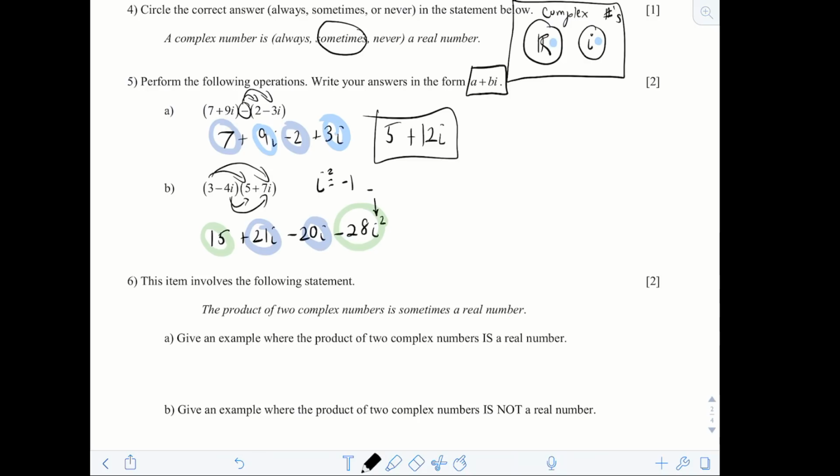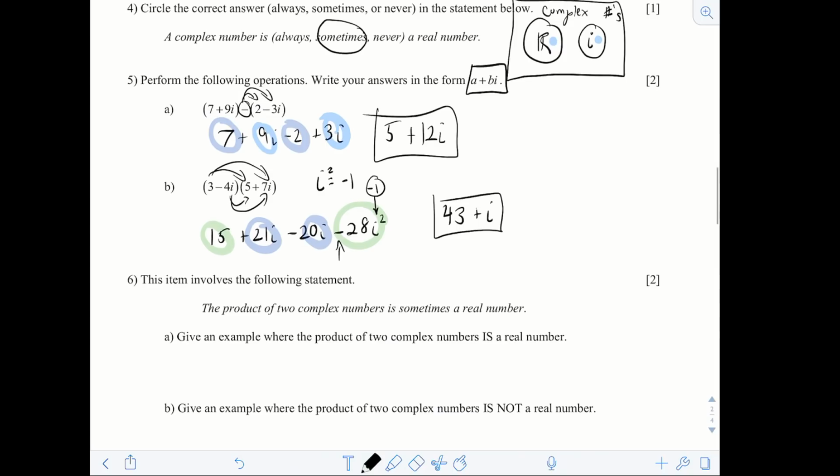Now remember, i squared gives us negative 1, so that's actually going to change that negative to a plus. So I'm technically adding 28 and 15 together. So I get 43 plus 1i, or I could just say i. And that should be my result.